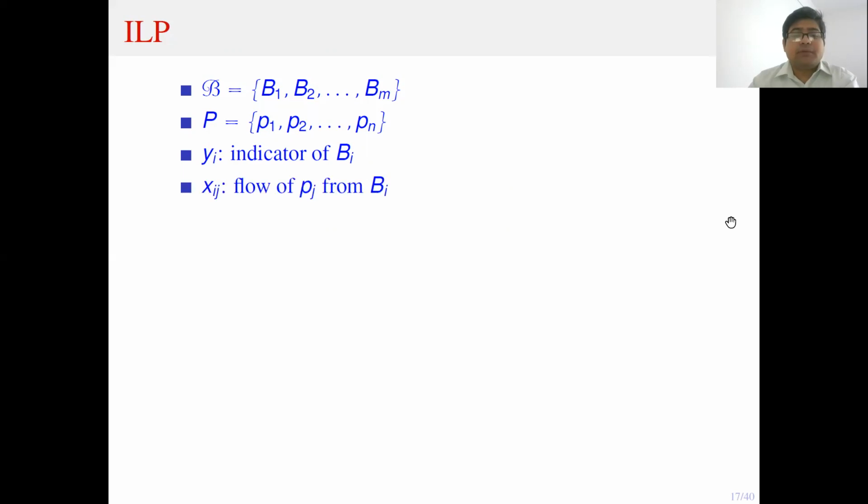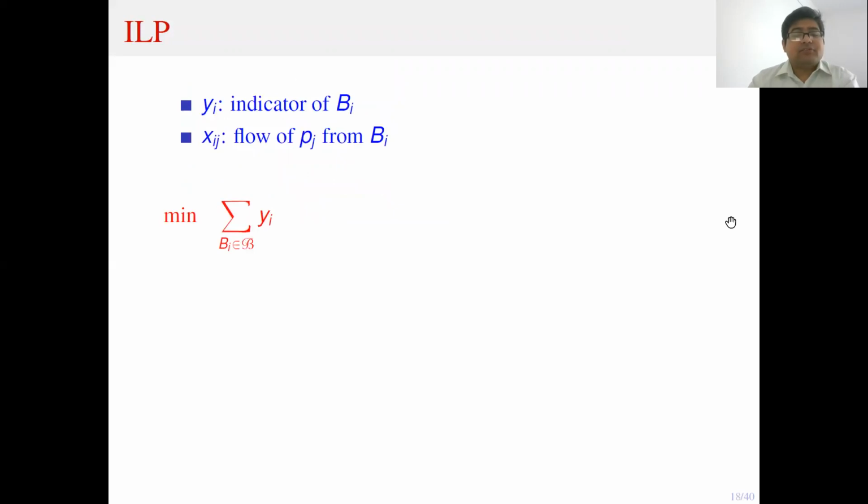And for each point pj and each ball bi, we take a variable xij, which denotes if the point pj is assigned to the ball bi. We also call xij the flow of pj from bi. Then the objective function is the sum over all yi's, the number of balls in the solution, and we would like to minimize this objective.